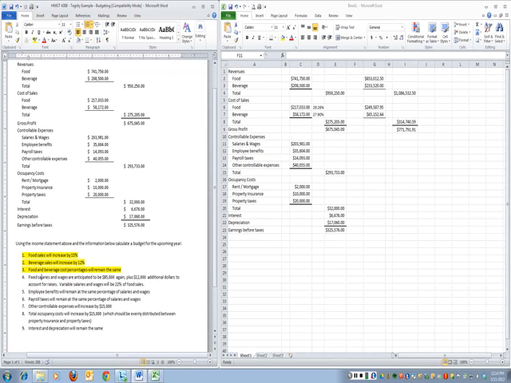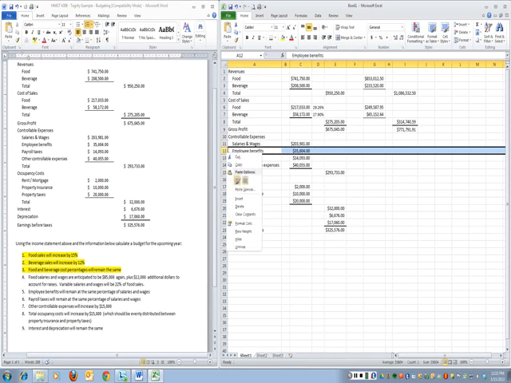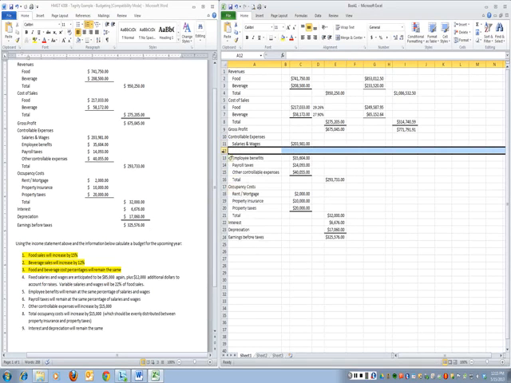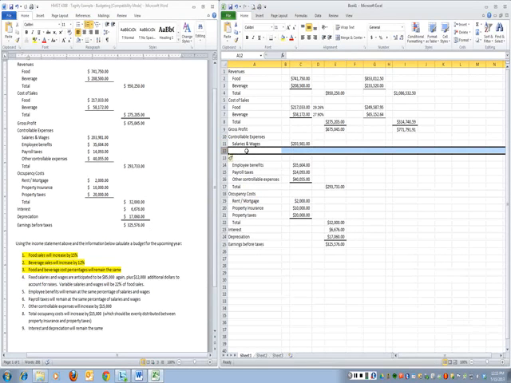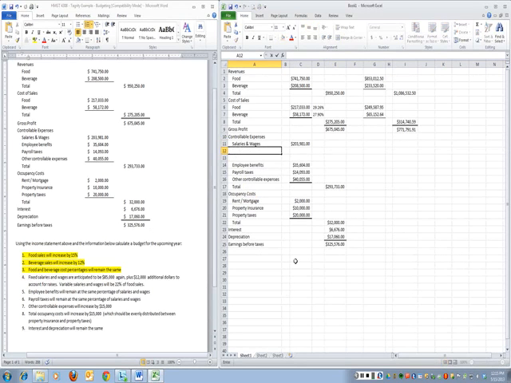So my recommendation is we probably want to start inserting some spaces to account for some of the calculated adjustments we're going to make. So here we are dealing with fixed salaries and wages, and this number is the $85,000 that we're dealing with there.